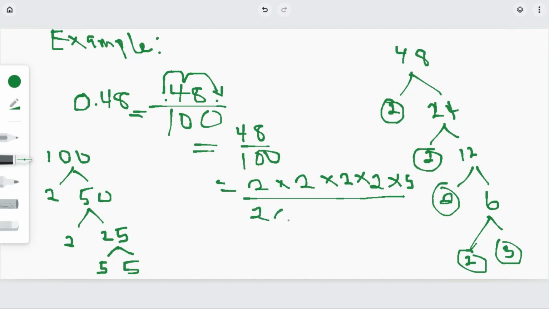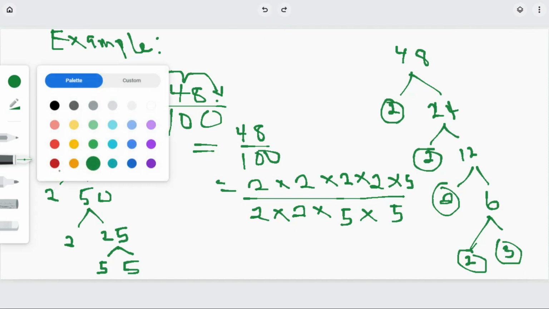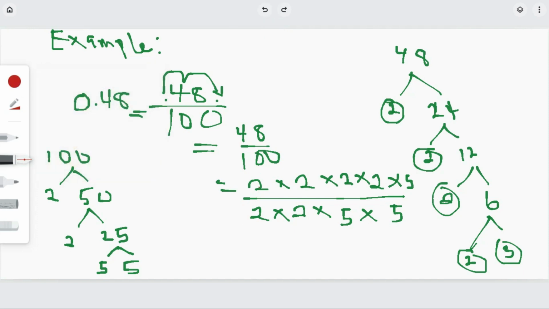We have 2 times 2 times 5 times 5. You understand? So there's a lot of things that are common here. Let me change the pen to red so that I'll be able to see this one clearly. So 2 is common here.